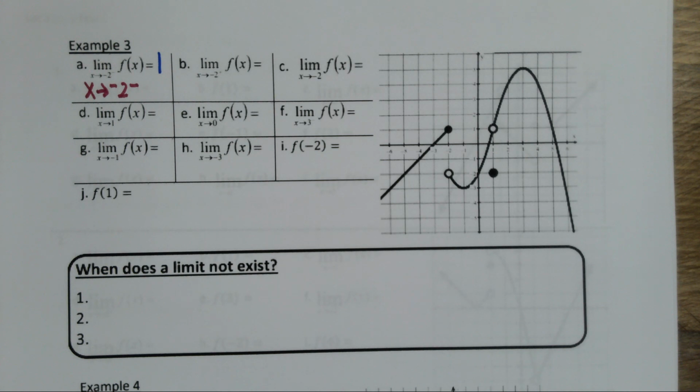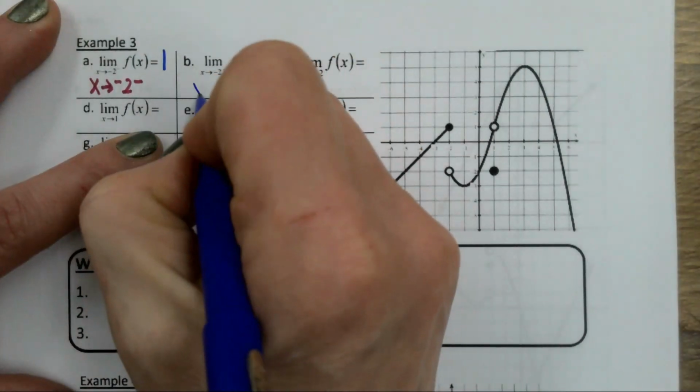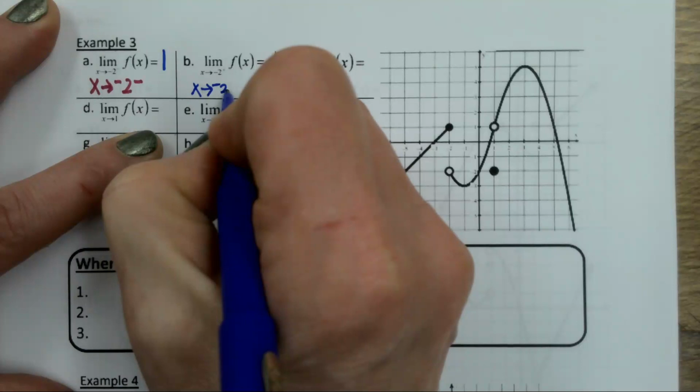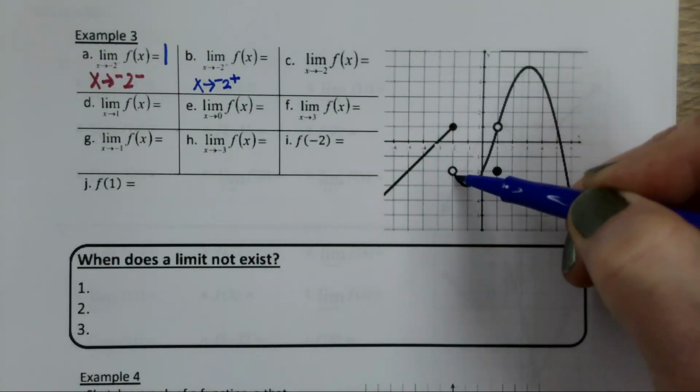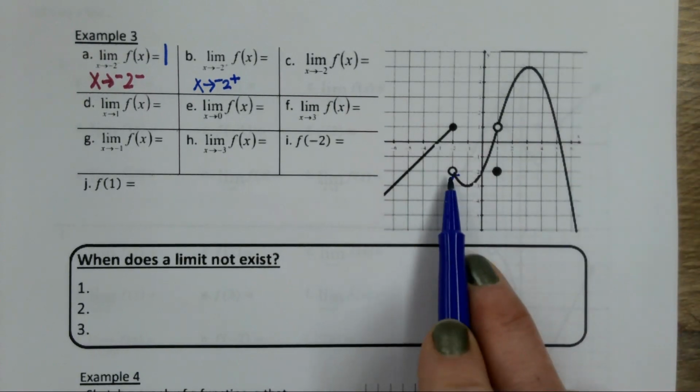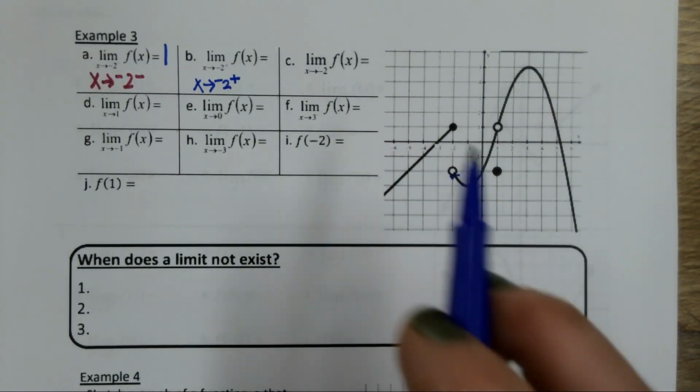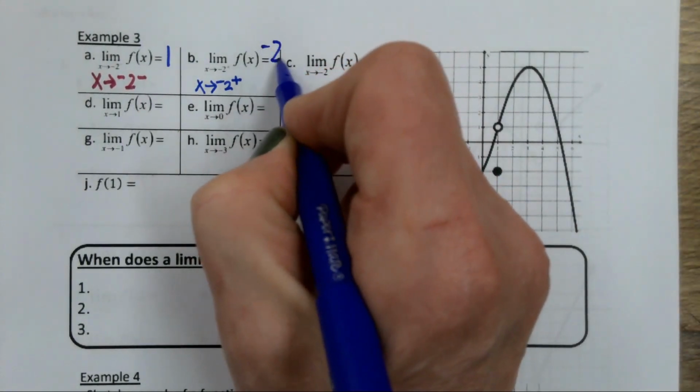I'm going to plummet down to here, and then I'm going to head back towards -2. Where am I headed? This one says x approaches -2 from the right. So here I jump down to the right, and then I head back towards it. I'm headed towards this little hole. This hole is at -2.